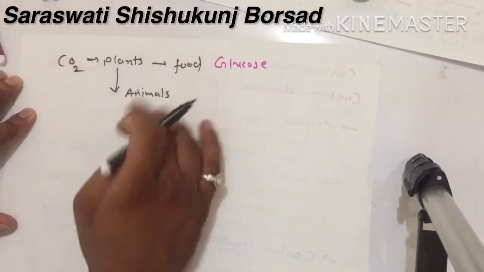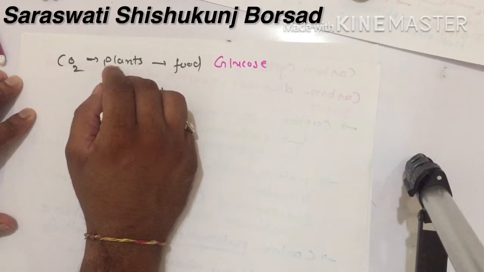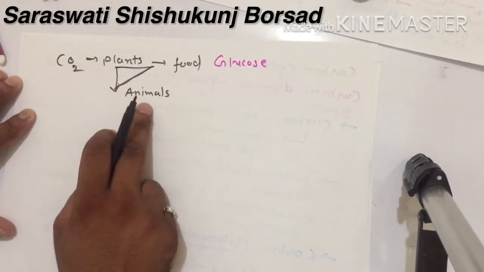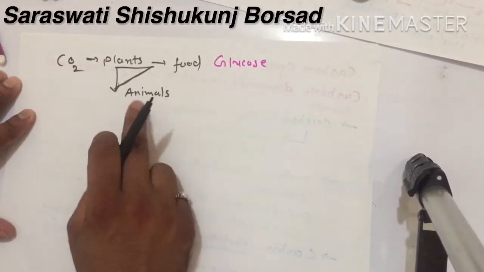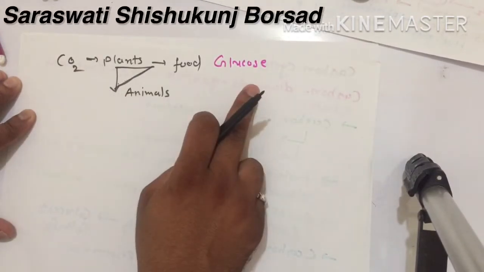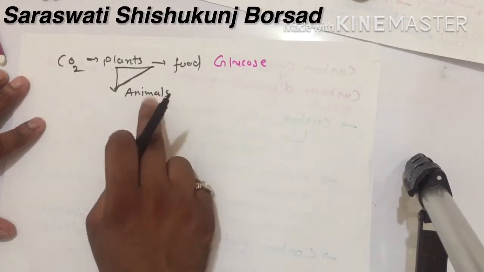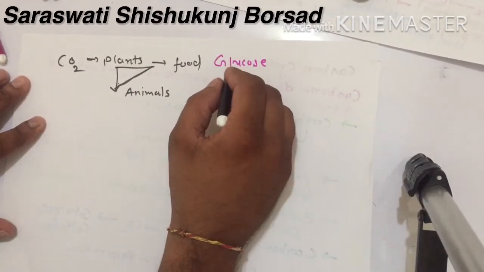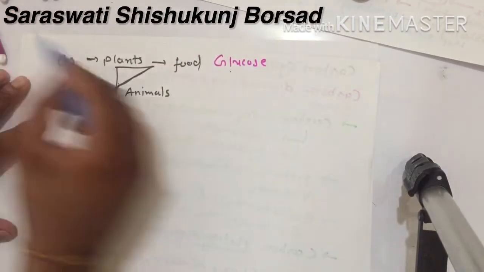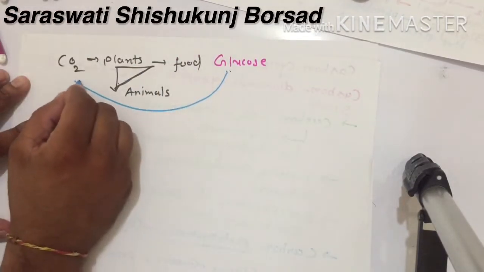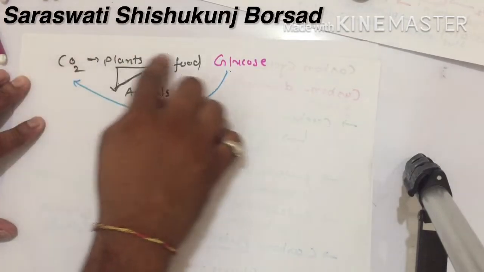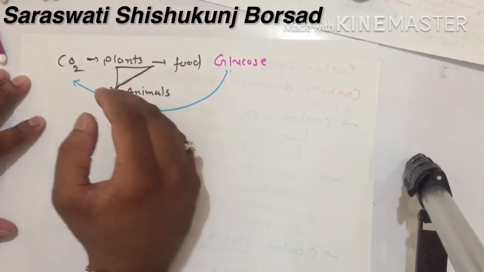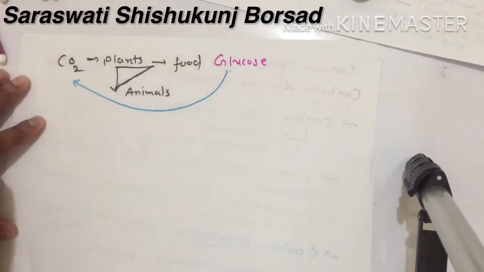Animals obtain energy by oxidation of glucose, and that oxidation of glucose will result in this glucose going back into carbon dioxide. See, so this cycle continuously goes. The carbon dioxide will get back into the atmosphere.